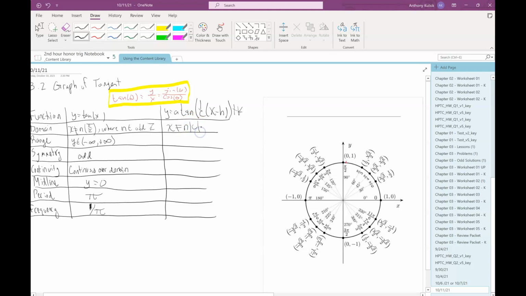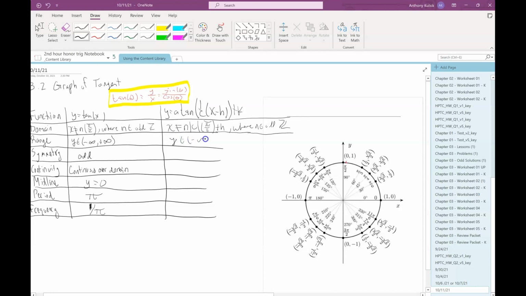I really should say absolute value of C, because if you remember, C can be positive or negative. Again, where n is an odd integer. Again, that Z symbol is just our symbol for integers.